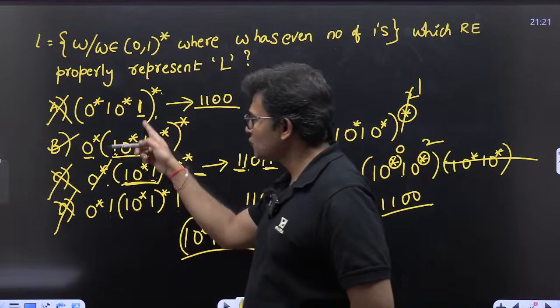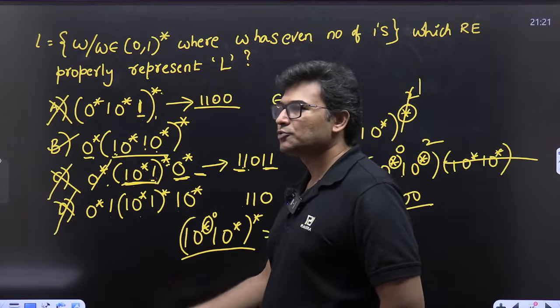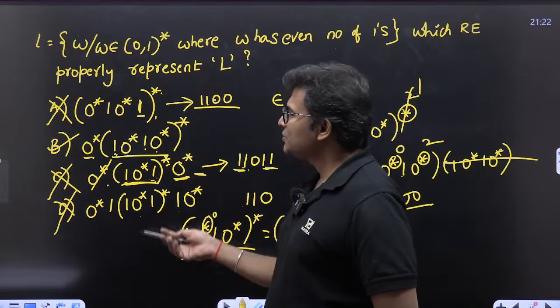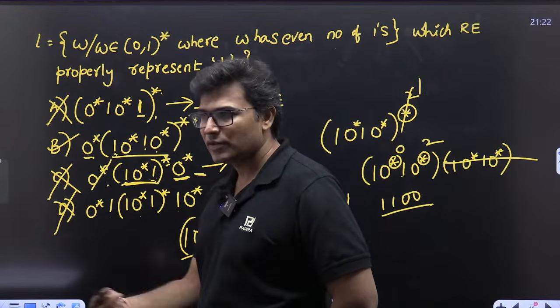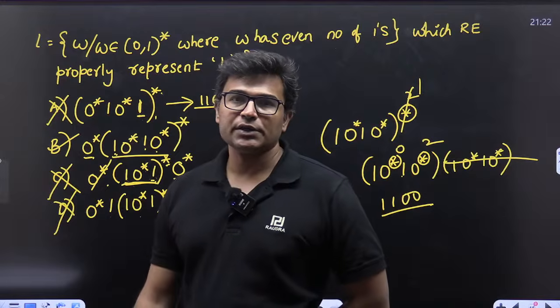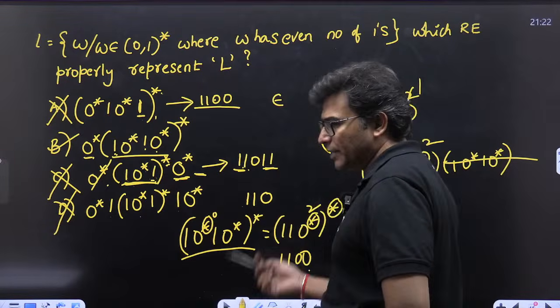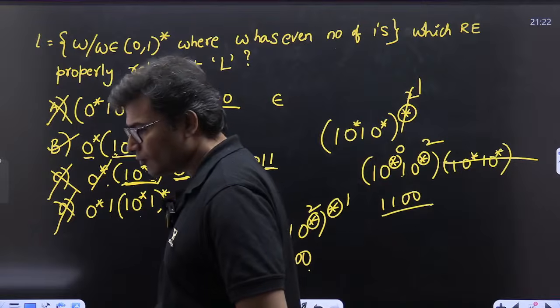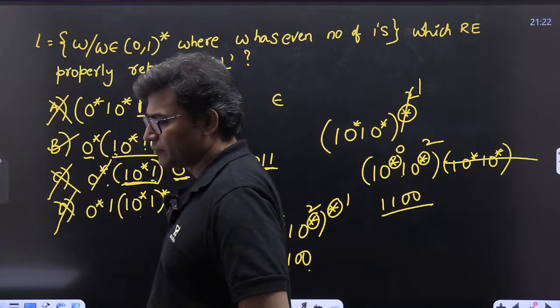You have to analyze what is this, what is this, what is this. Try by elimination. First epsilon, eliminate, and then check what is the pattern. Is it always ending with 1? Is it always ending with 0? What are the strings it cannot generate? Like that, you have to eliminate the options. B is the answer.